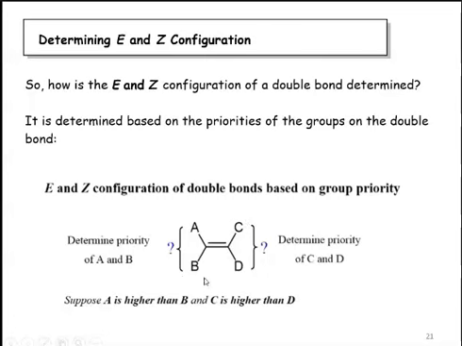When we talk about EZ nomenclature, how is the EZ configuration of a double bond determined? It is determined based on the priorities of the atoms or functional groups which are attached to the double bond. Now you may ask, what are these priorities? If you recall, when we discussed optical isomerism, I gave you the priority list.